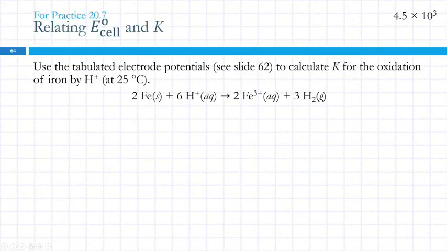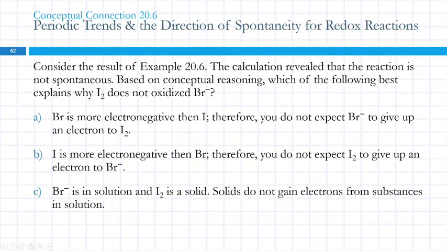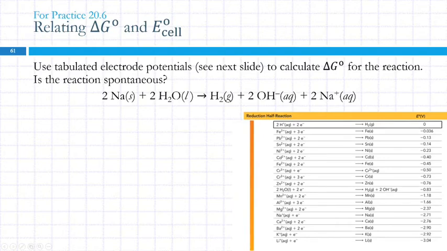So iron to iron 3, that's this one right here, iron 3 to iron. So that is minus 0.036. And the hydrogen ion to hydrogen gas, that's the standard hydrogen electrode, and that one's 0.